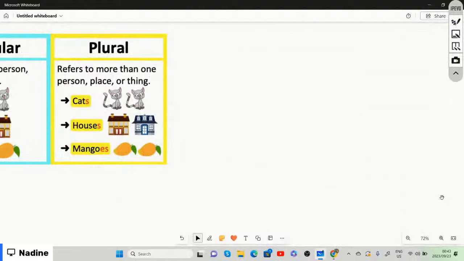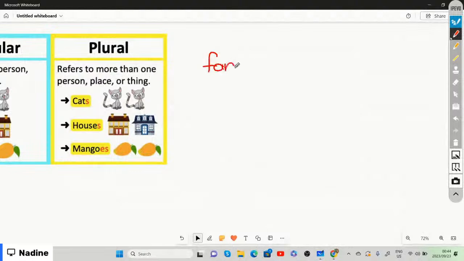So if we think of more singular words, we can maybe say one fan, or more than one fans. We said one apple. If we add an S to the word apple, then it will be apples.